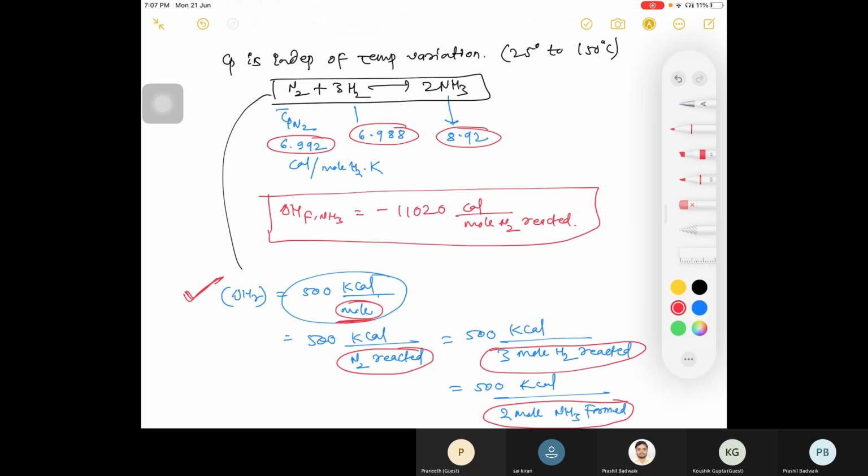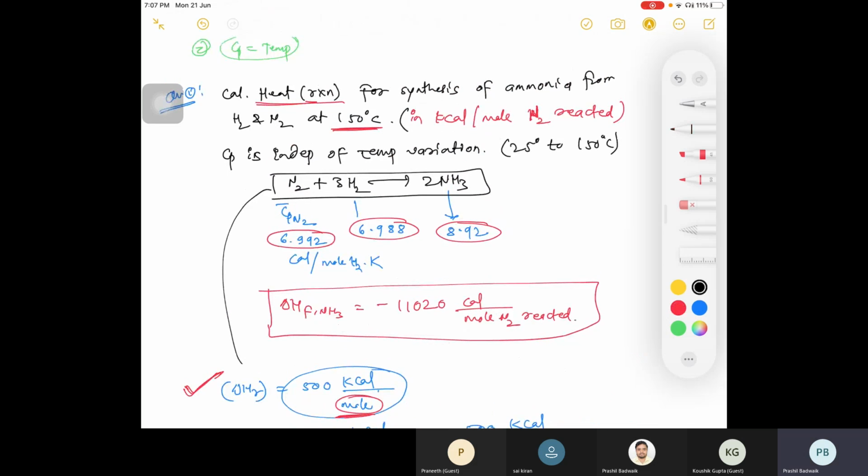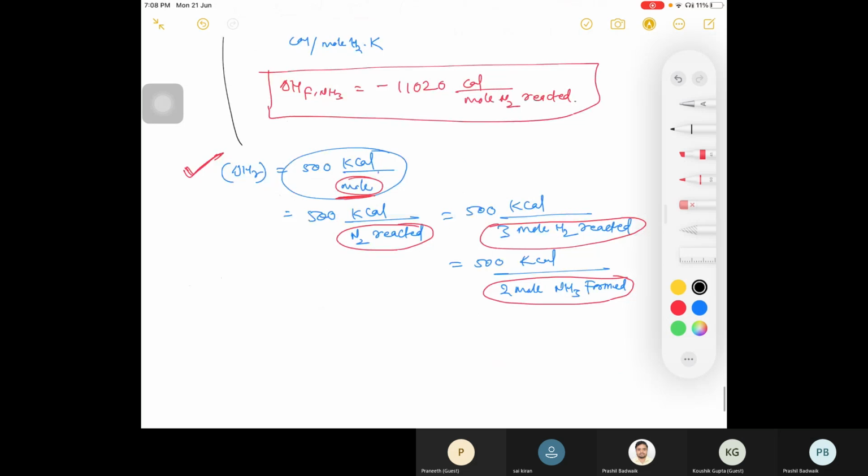Now, what will be my approach? I'll solve. What was your formula for delta H reaction?